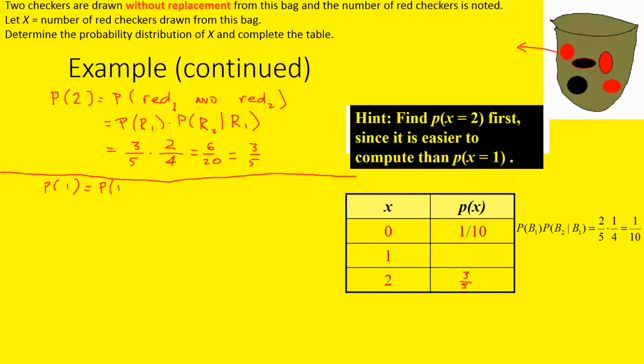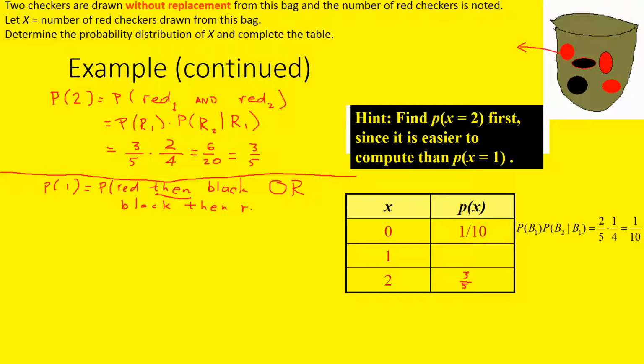So this is probability red, then black. That would be 1 red checker. Or, by the way, I said then, but it's an and, right? Red on the first draw and black on the second draw.